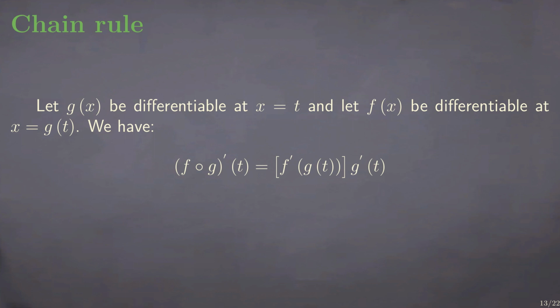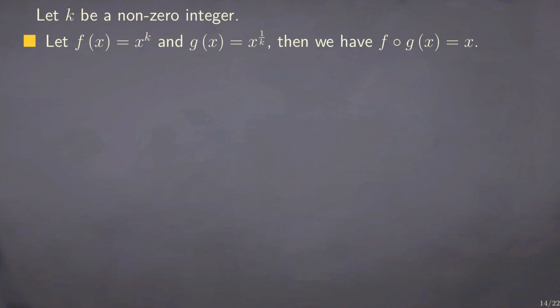Let's see how we can actually use the chain rule in order to compute the derivative of the power of x in case the power is not an integer but is rational and maybe also real numbers. Okay, so let now k be a non-zero integer. Let f(x) denote the power function x to the power k, and let g denote the function x to the power 1 over k.